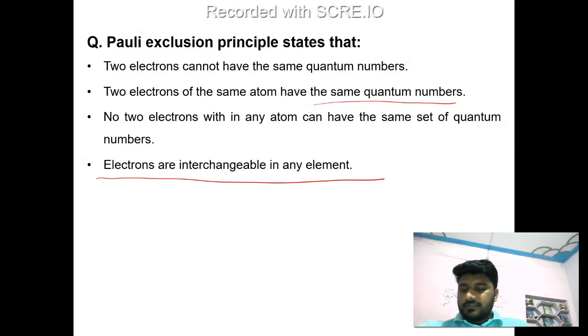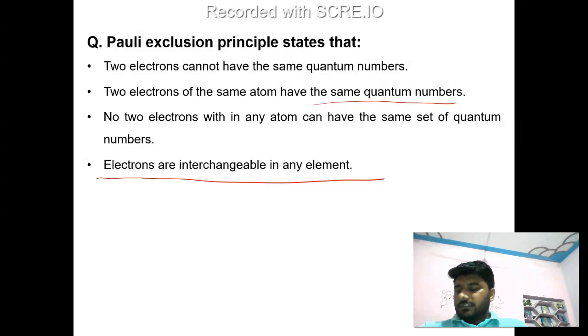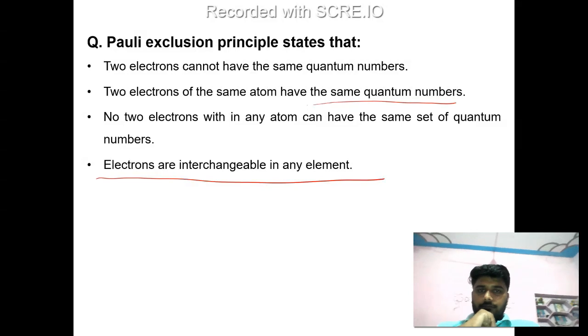Carefully read the statements and identify the right answer for the exclusion principle given by Pauli. I will briefly explain it. Yes, C is the right one.